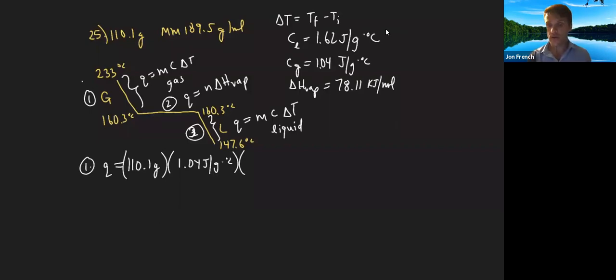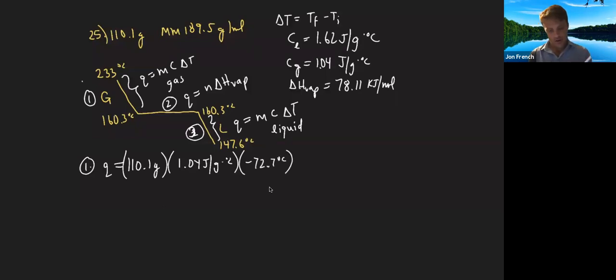Initial is 233, so 160.3 minus 233 gives a negative temperature change. That makes sense because when we cool anything down, we're releasing energy, so we should have a negative value of Q. Our temperature change is about negative 72.7 degrees Celsius.